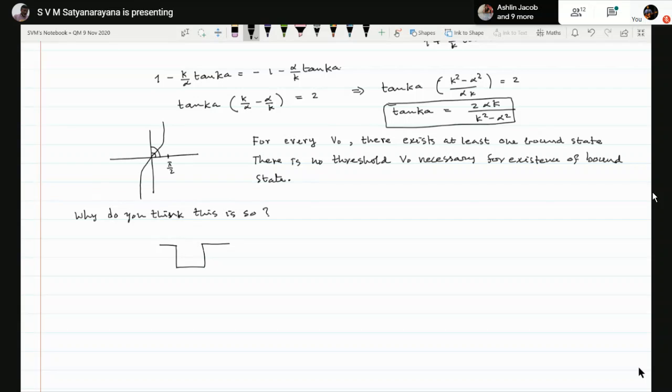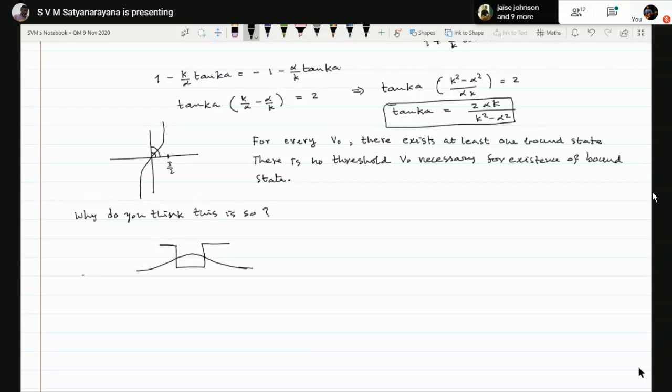So essentially, what you are saying is that suppose you have a wavelength, then it can actually go inside these two regions like this. Now this can be even bigger.